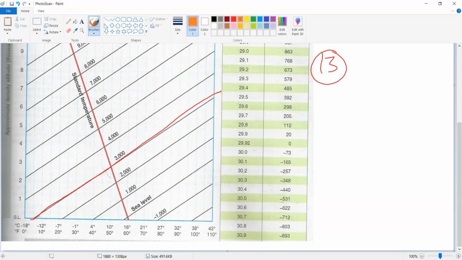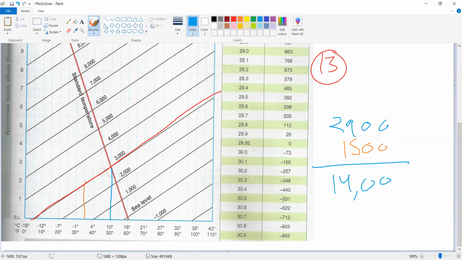We have 35, which is here, and that seems to be about 1,500, I think. 50 is over here. We said 2,900. Same process, subtract. Something close to 1,400.